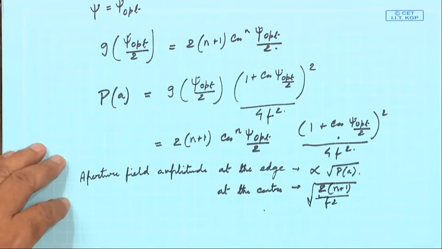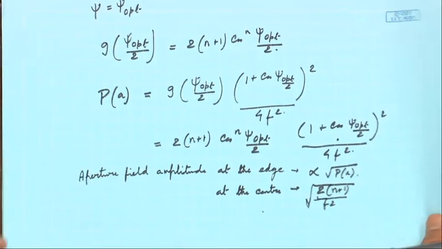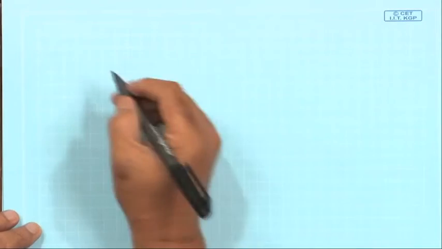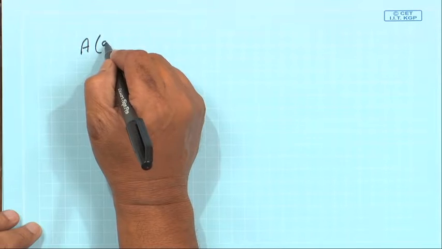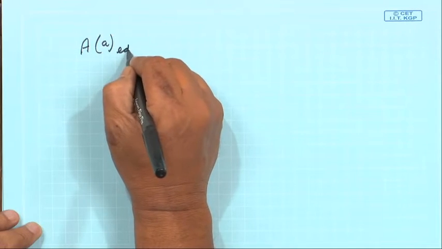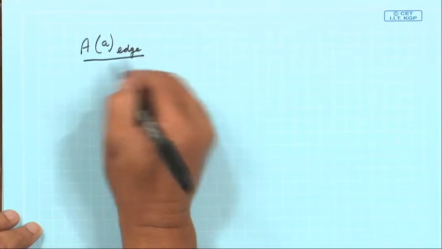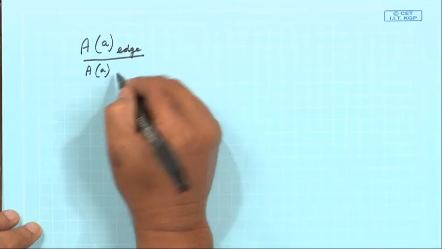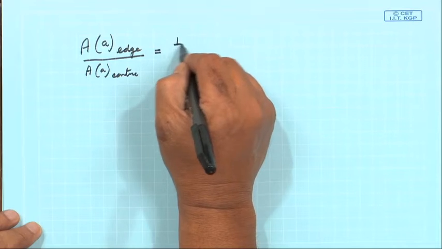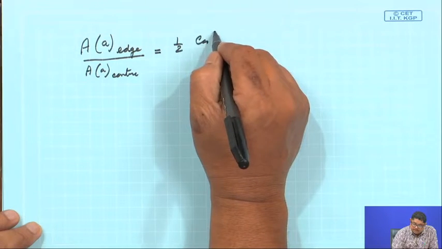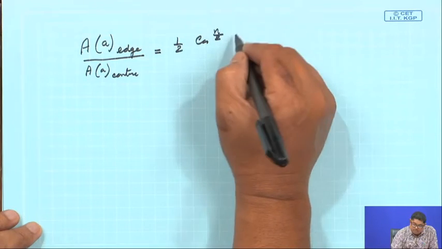So, we can write what will be the amplitude taper, A edge versus center, will be half cos to the power n psi opt by 2.